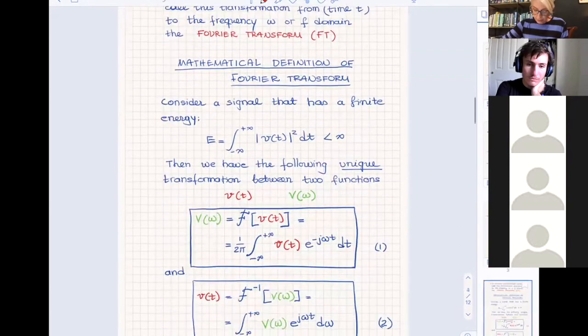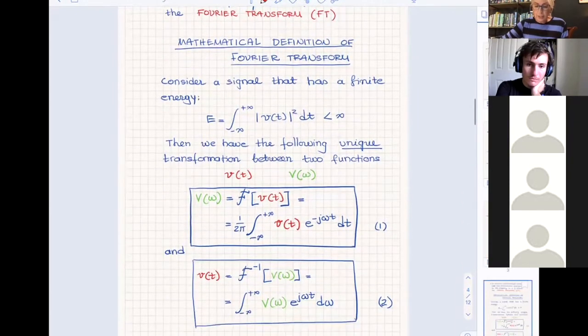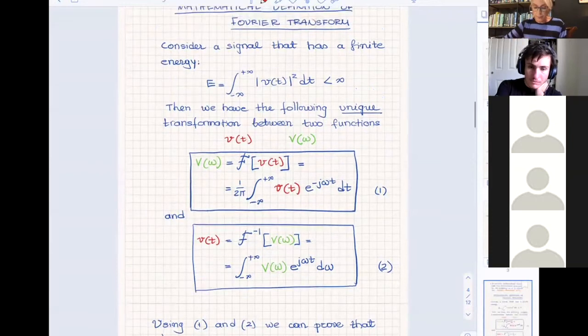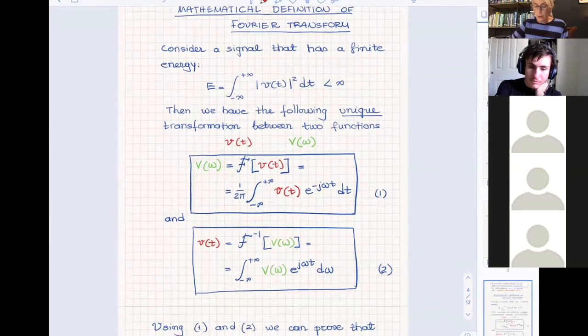Now, what I would like to do next is to remind you a little bit of the mathematical definition of the Fourier transform. And what that really says is the following. Let's start with equation 2 here. It says that if I have a signal in time domain, then if it's a harmonic, when I have only 2 frequencies, that can come out of this definition.